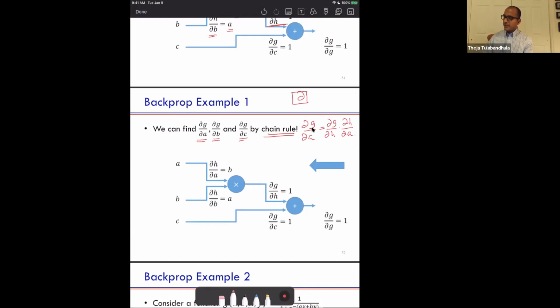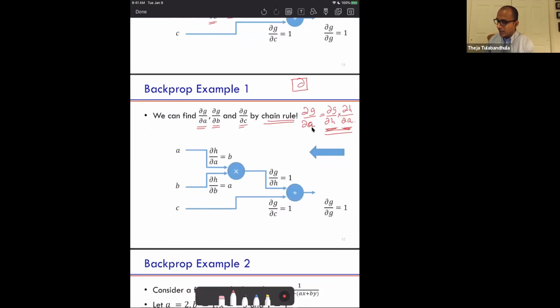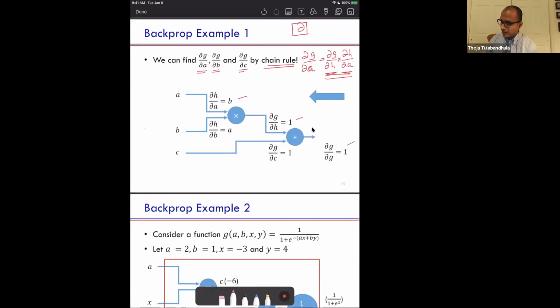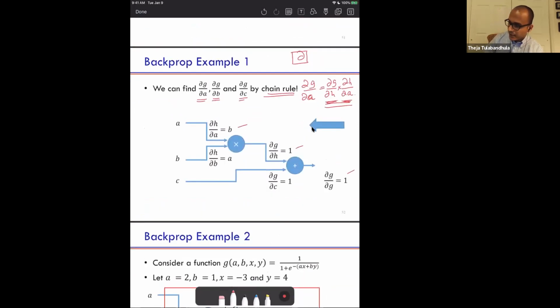Chain rule just means you take the local gradient times another local gradient. So the gradient of G with respect to A is B times 1, which is B. So this is equal to B, equal to A, equal to 1.